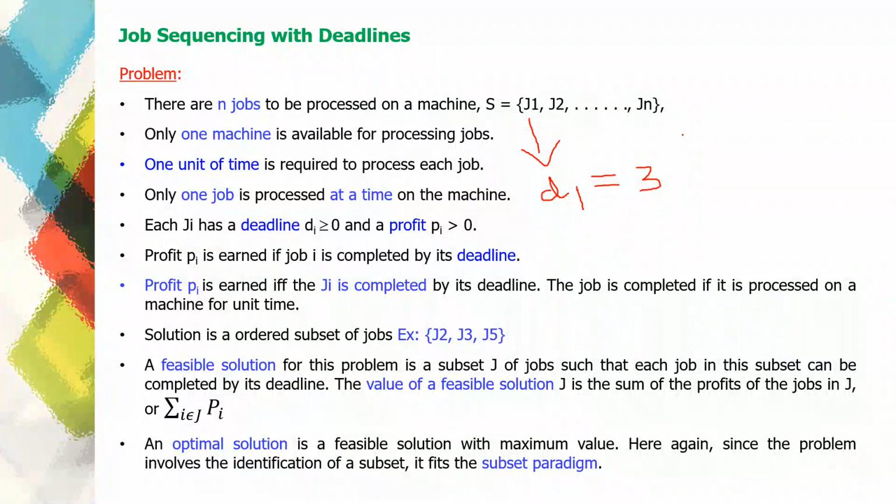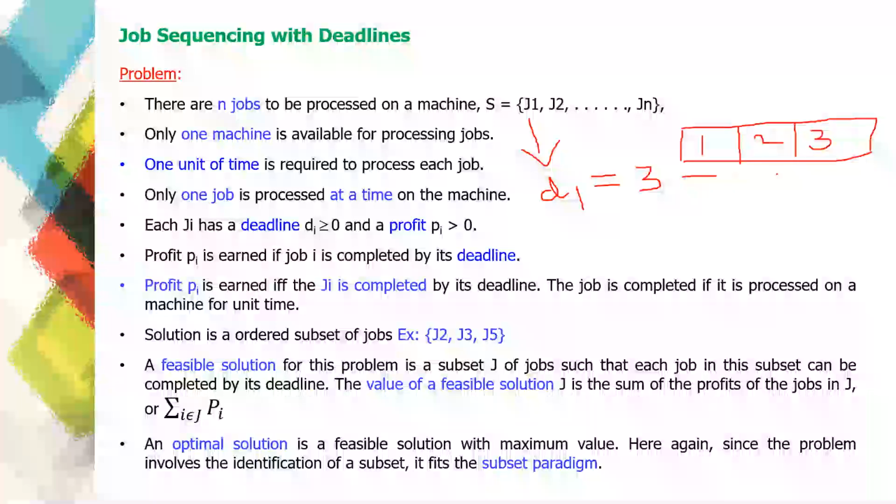So you have, for example, time units like this. You have time unit number 1, time unit number 2, time unit number 3. If the deadline for job 1 is 3, that means J1 must be finished before the third time unit.